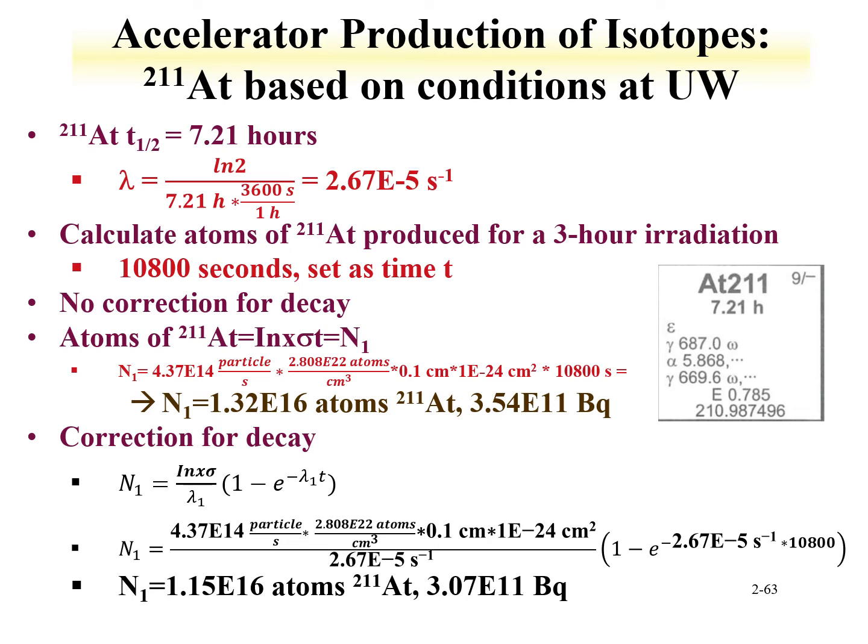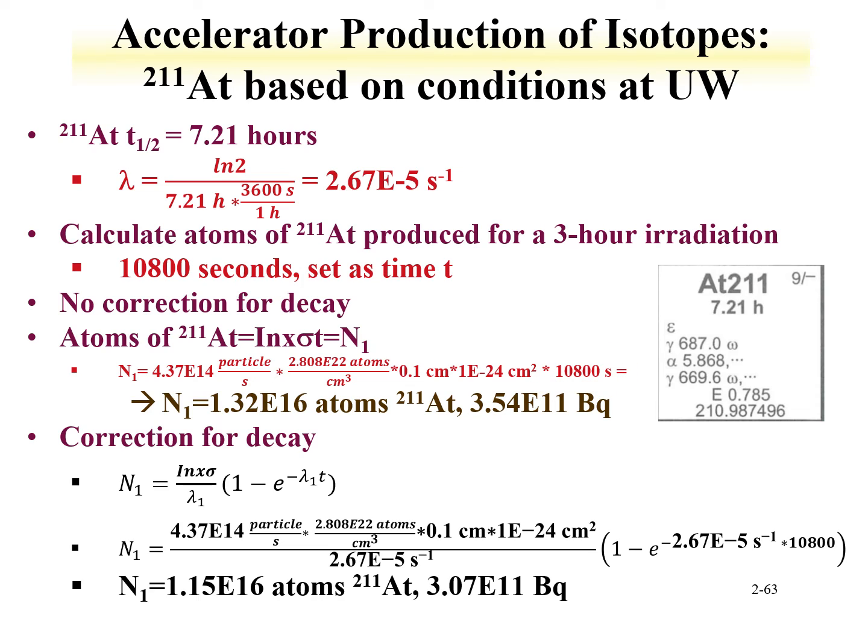N1 is equal to particles per second times the atom density times the target thickness times the cross-section times the time. And those values are shown here with the particles per second, atom density, target thickness, cross-section from the previous slide, and the irradiation time provided above.